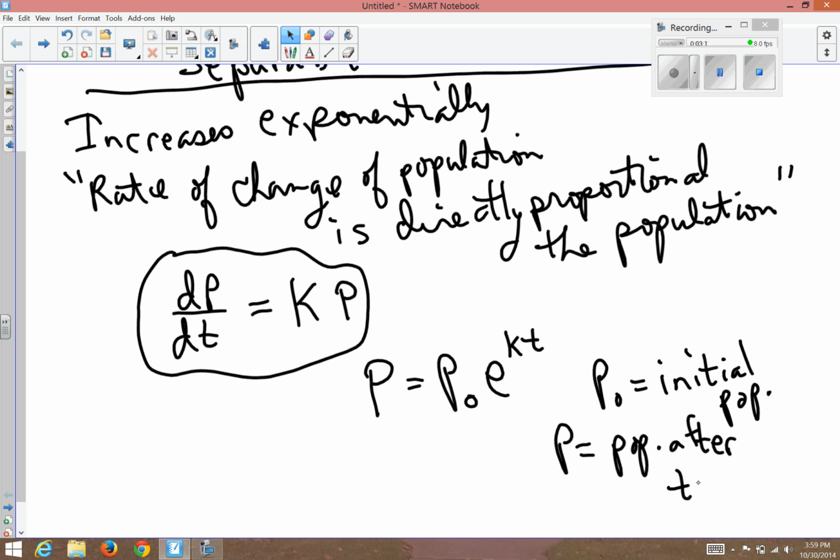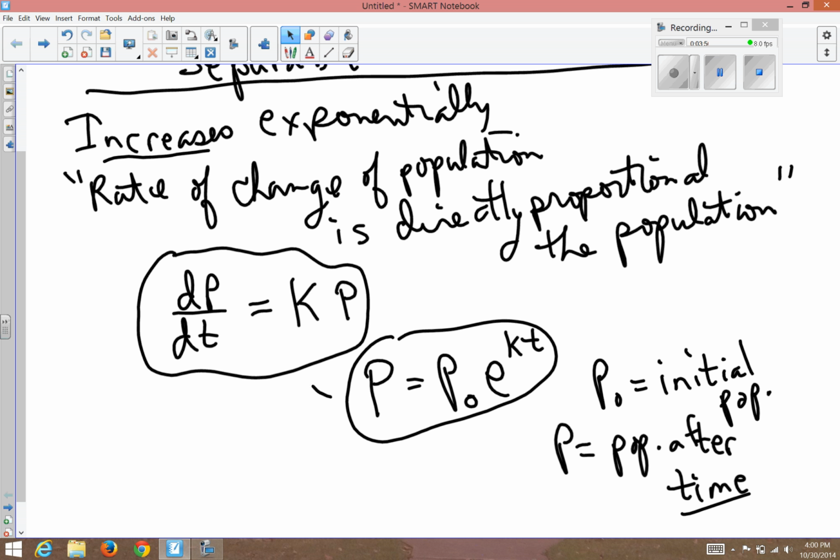And the e is, as usual, 2.718, etc. T is time, as mentioned. And k is called the growth constant or the decay constant, depending on whether something is increasing or decreasing. So this is actually the solution to that differential equation.